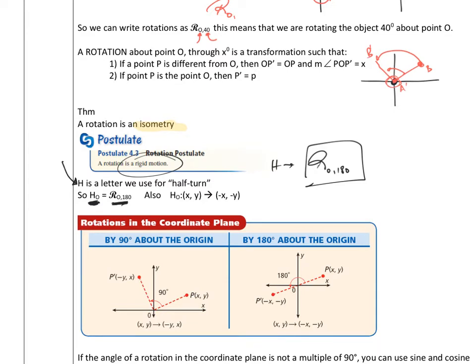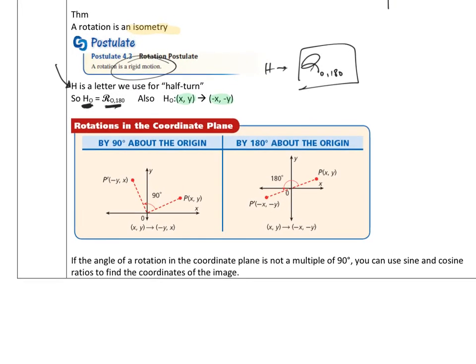One thing to note for a rotation that's interesting is if you have the coordinate x, y and you do a half turn, the coordinate maps to negative x, negative y. Here is a half turn: x, y maps to negative x, negative y.